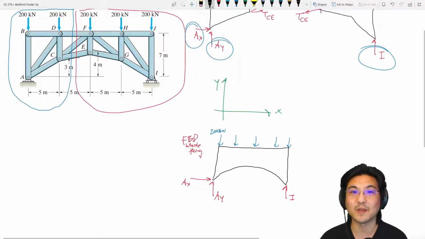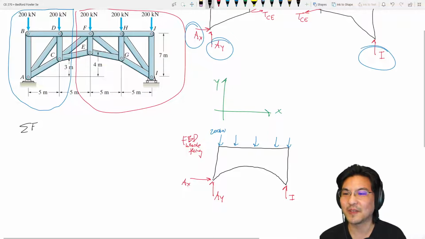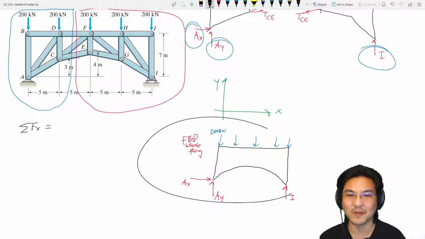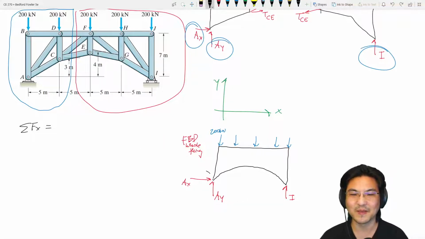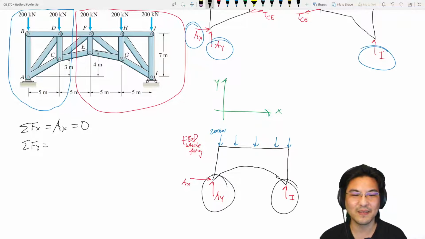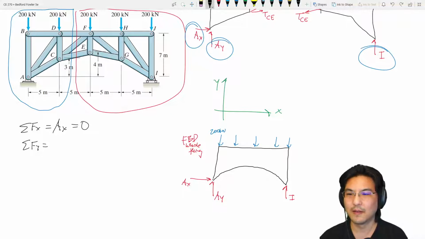Okay, so some forces in the x direction. We're using this free body diagram, right? So I got AX. Oh, okay, so that was easy. Equals 0. Some forces in the y direction. AY, I, and these 5. AY plus I plus 5, oh, not plus, minus 5 of those. So 1,000 kilonewtons.